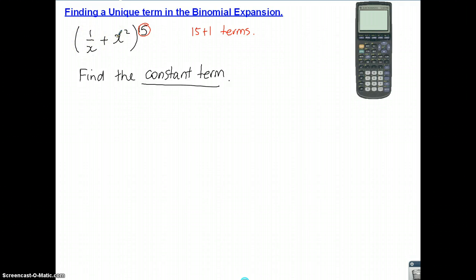So what do you think the constant term might look like in this situation? Well, if we're talking about variables, you may want to think about x to the 0. If we have x to the power of 0, we do know we have a constant term there. Okay, so we're going to focus on this idea of needing to get x to the 0.